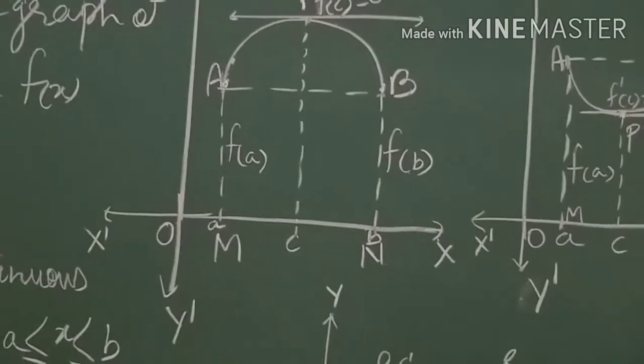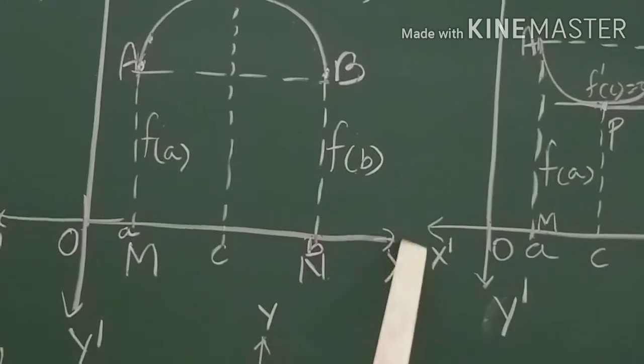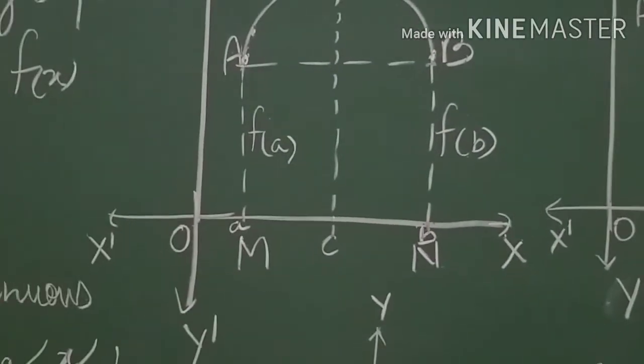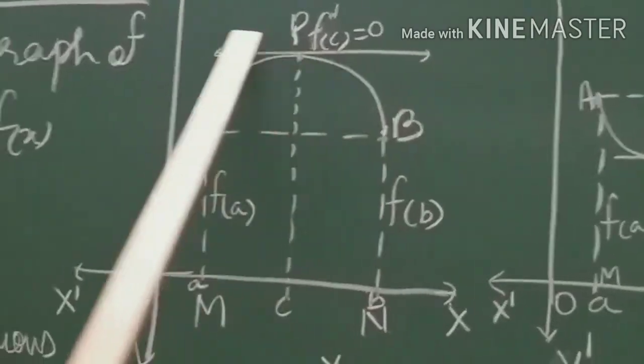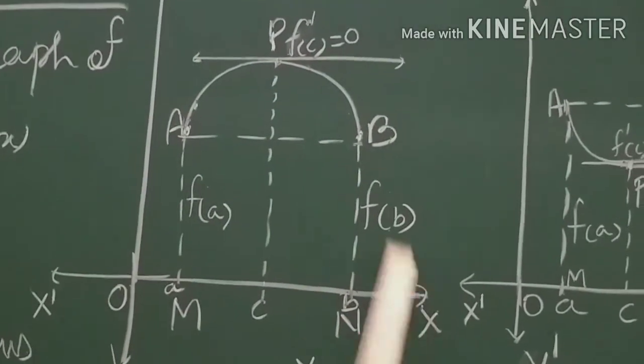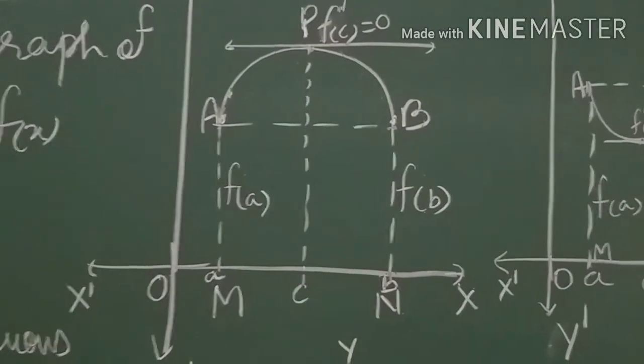We know that the slope of the x-axis is 0. When the tangent line is parallel to the x-axis, then its slope is also 0.